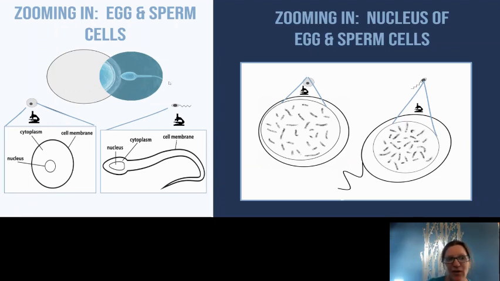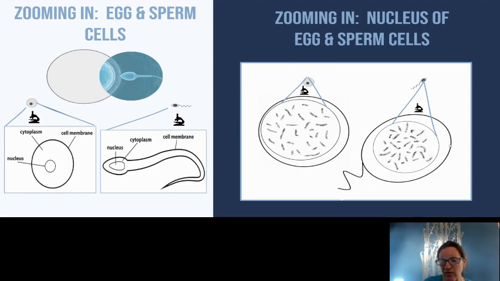So we've already figured out that when we zoom in on the nucleus of egg and sperm cells, so here's the nucleus, we can see chromosomes. This is a cow sperm and a cow egg, and we can see all these little worm-looking things are chromosomes. There are 30 chromosomes in a cow egg and 30 chromosomes in a cow sperm.